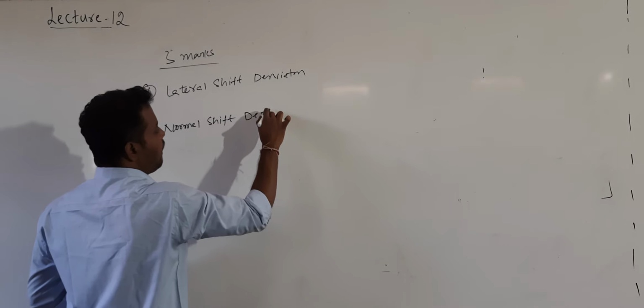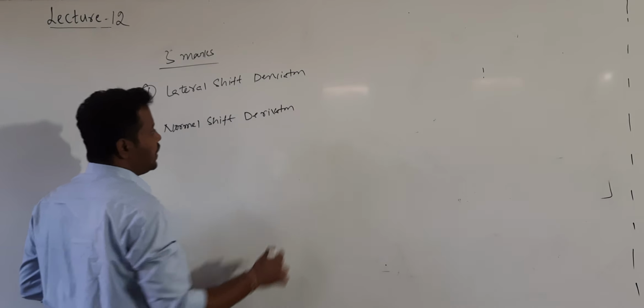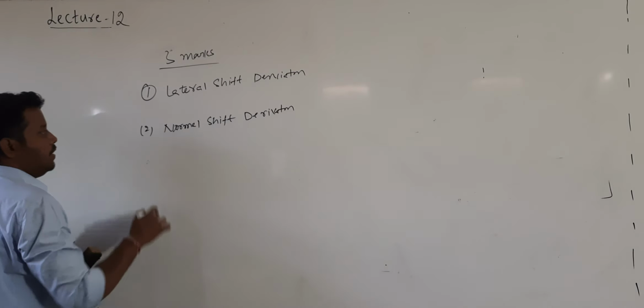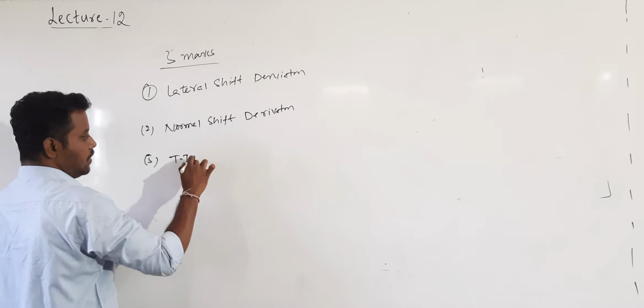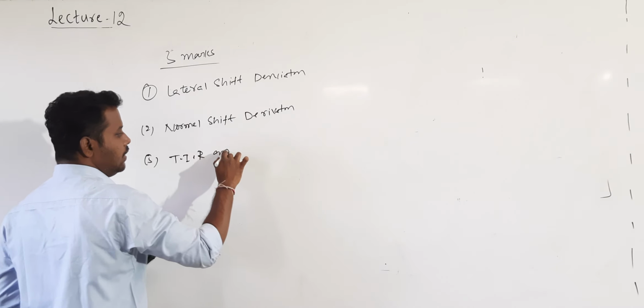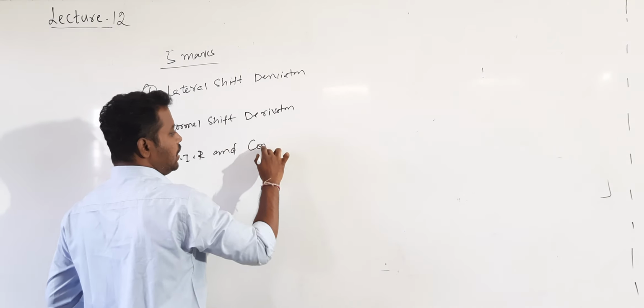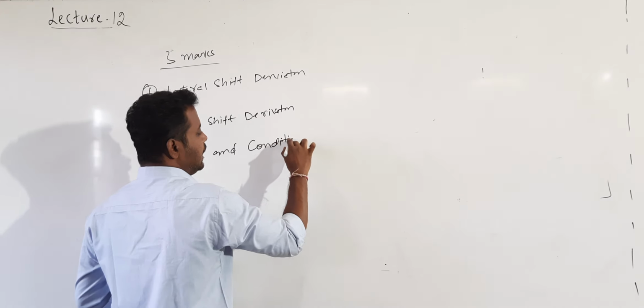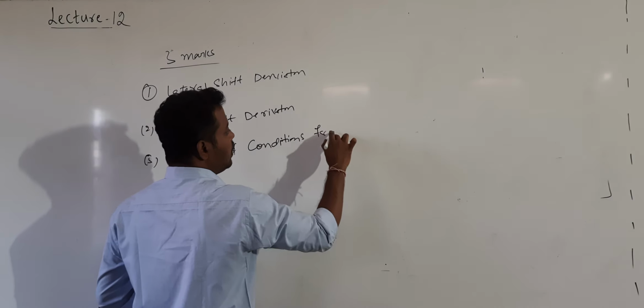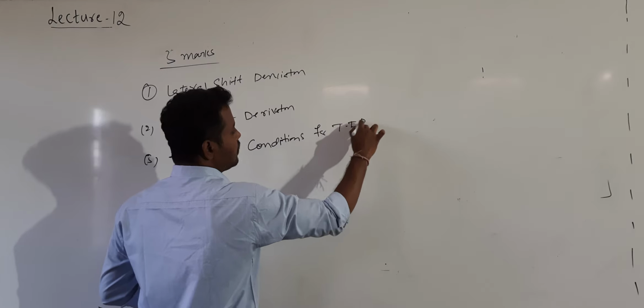Then after lateral shift and normal shift, TIR: what is TIR, and write down the conditions for TIR, total internal reflection.